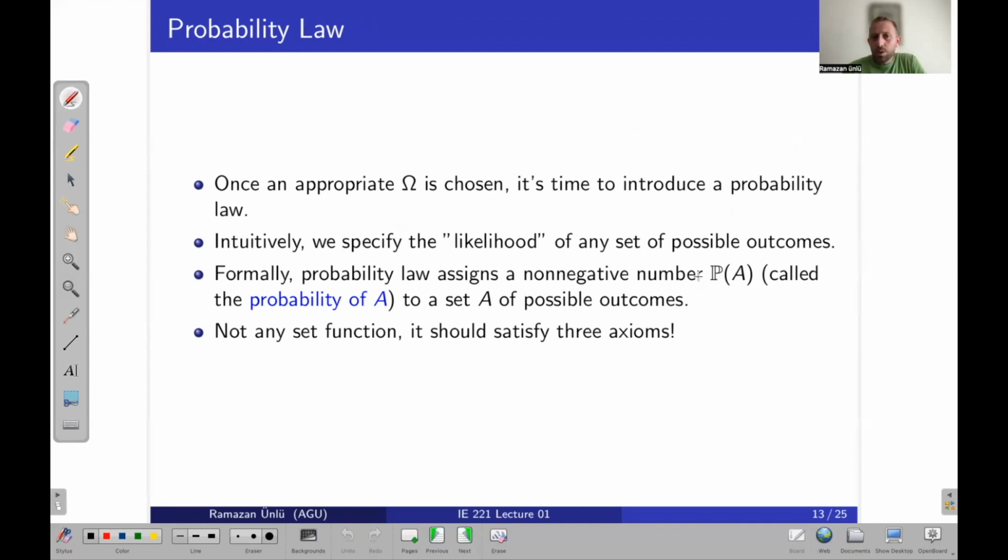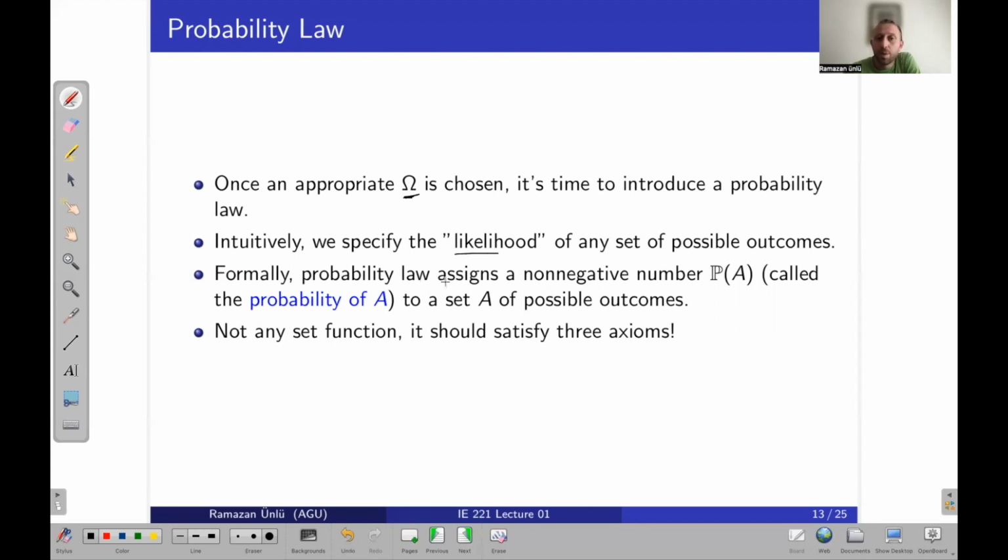When you define your sample space omega, and when it's chosen, it's time to introduce the probability law. You know the sample space, and then you can create your probabilities and calculate them. So we specify the likelihood of any set of possible outcomes.